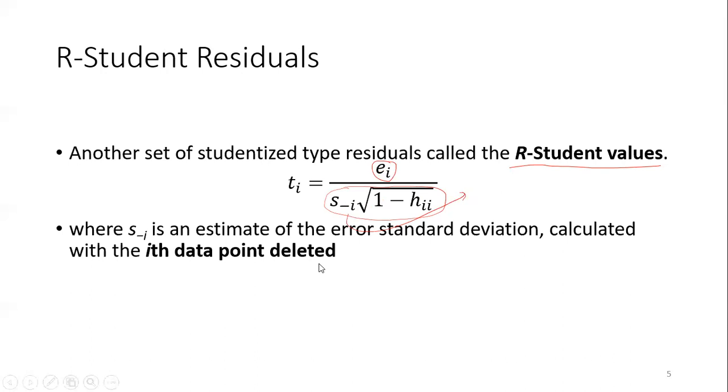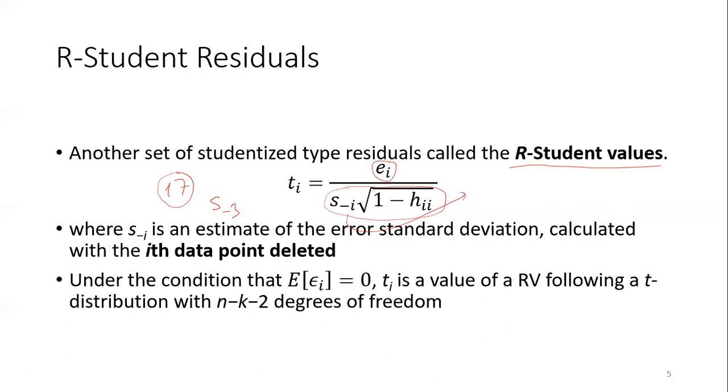For example, in the next example we will have 17 data points, so S minus 3 is the estimate of the error standard deviation where you delete the third point and find the estimate using 16 data points. This reduces the effect of the ith residual on the standard deviation.